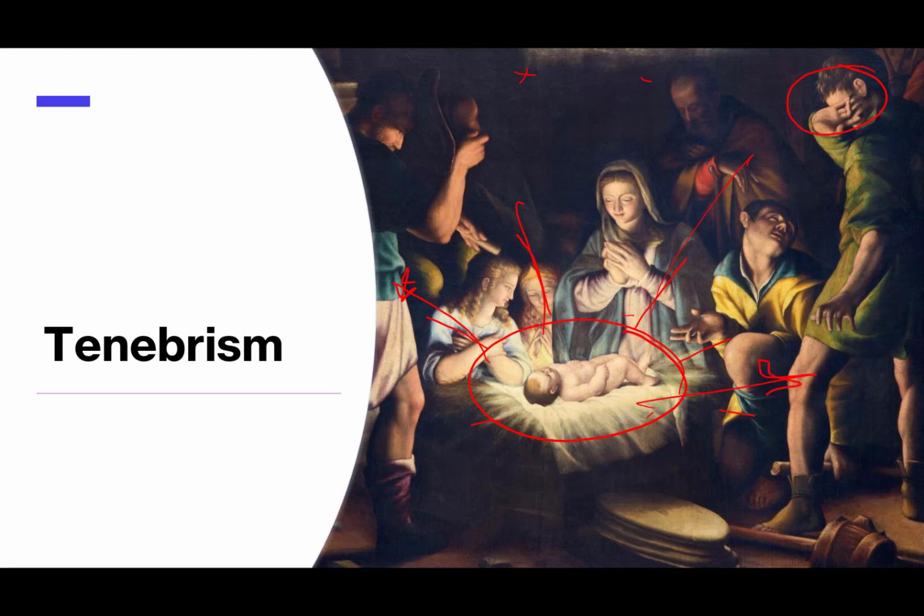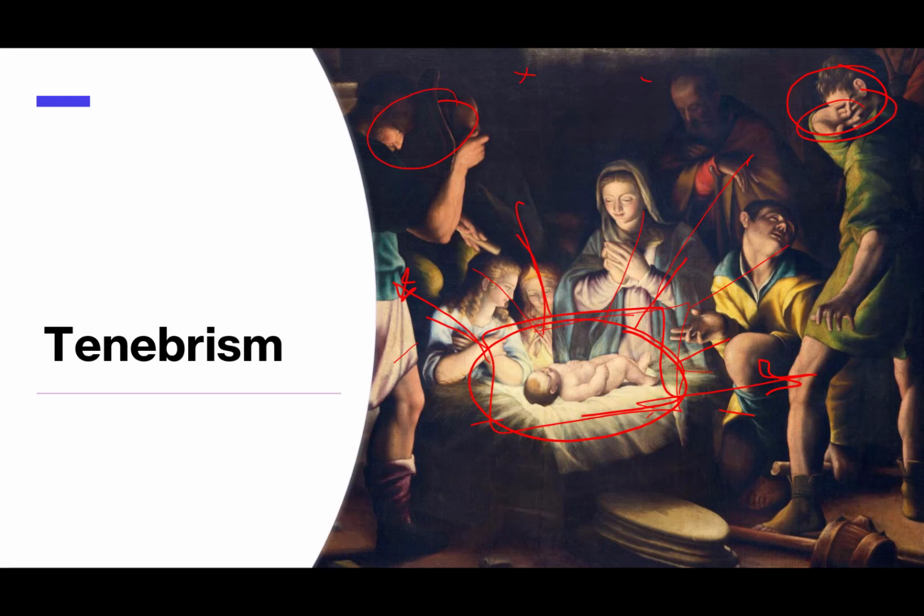Your focus goes directly to the baby, and then outward, based on where the light is shining. So it's meant to create this dark, moody night, where the light of Jesus as the Son of God is so bright it's shining on everyone, to the point that some are covering their faces because it's so bright.